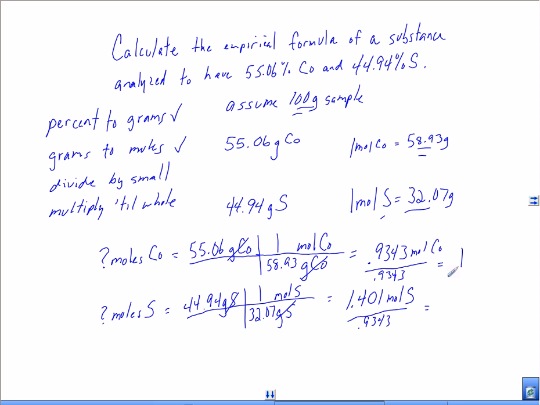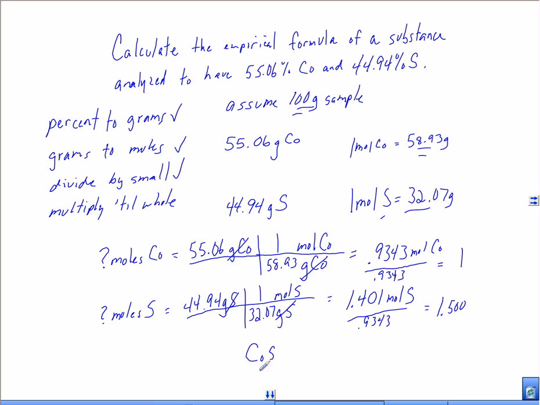So obviously that's going to be a 1, and this ends up being 1.5. Well, it's 1.4995, but that's close enough to 1.5 that we can just call it 1.5. Now I've divided by small.